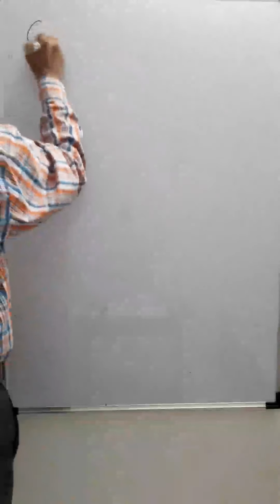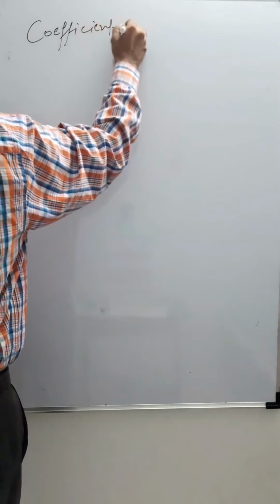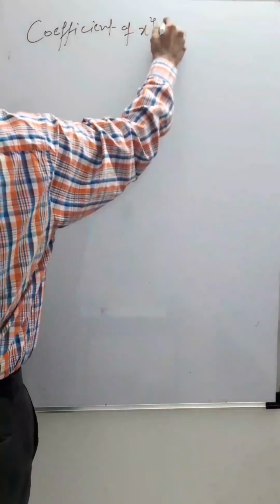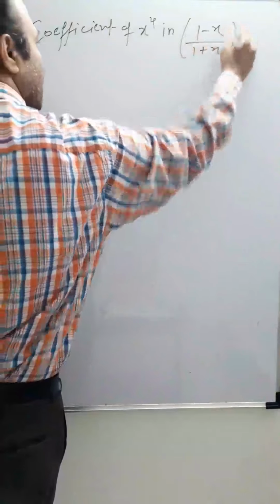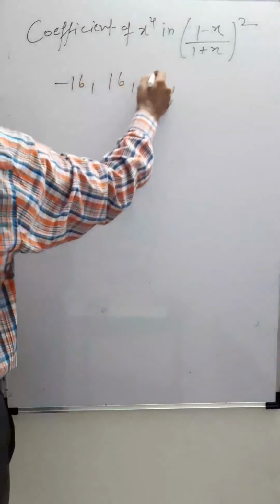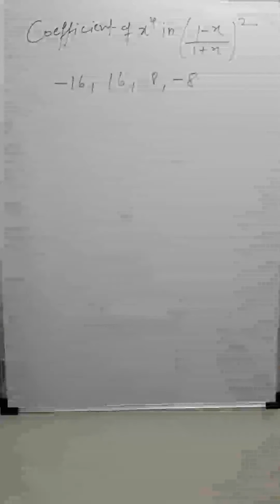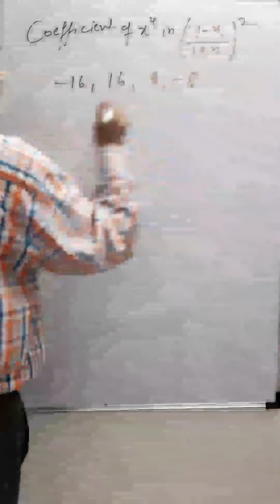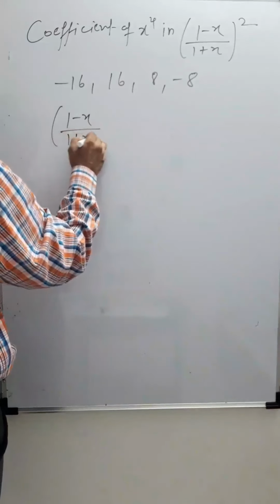Coefficient of x to the power 4 in 1 minus x upon 1 plus x whole square. Options: minus 16, 16, 8, minus 8. Fine. So again, this situation: 1 minus x upon 1 plus x whole square.